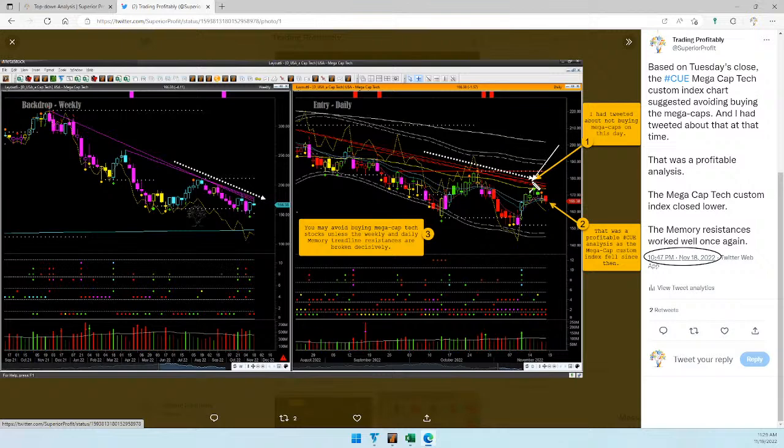I first shared my analysis on this day, and since then price had come down. The daily traffic light color, bullish or bearish momentum color, changed from green to red. In the weekly, we can see that the candle shape turned bearish.